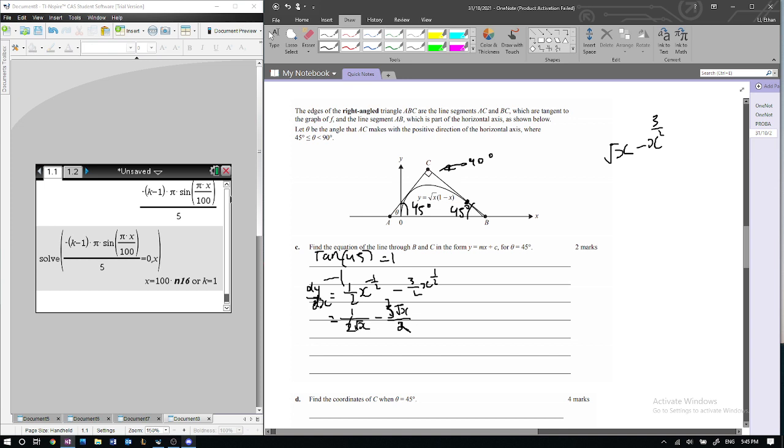So that's your derivative, and then you just solve for that equal to negative 1. How am I going to do this? Times everything by 2.